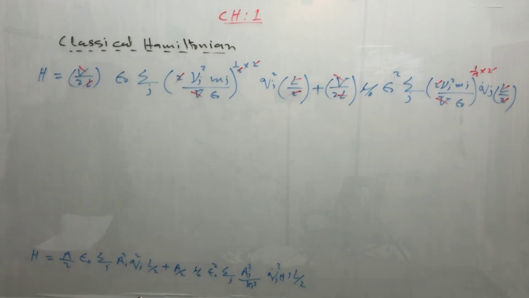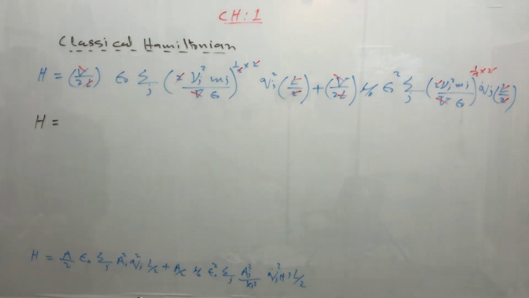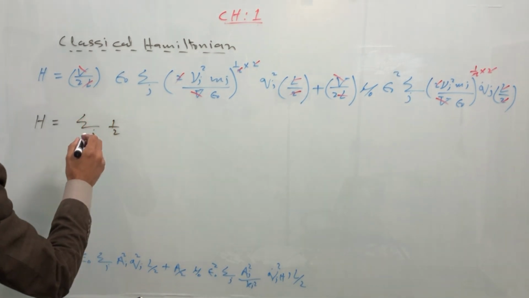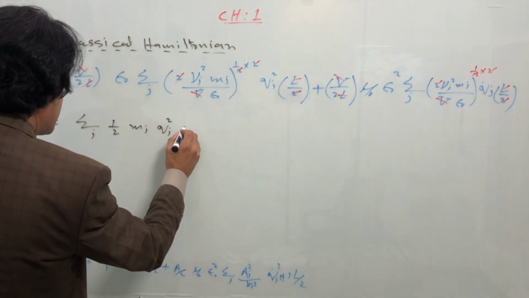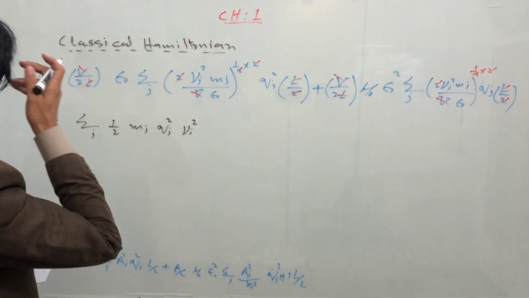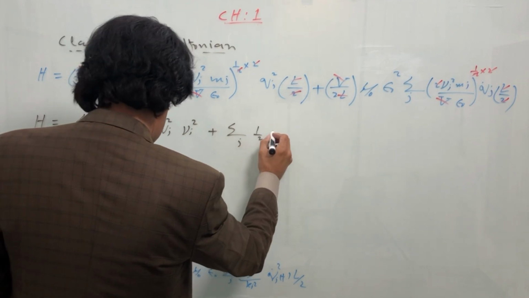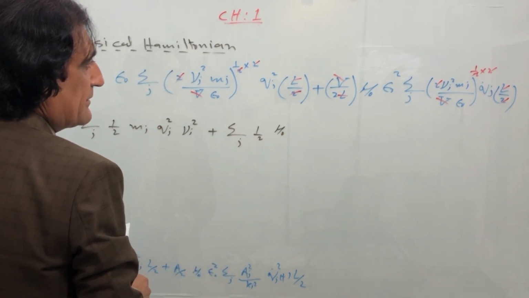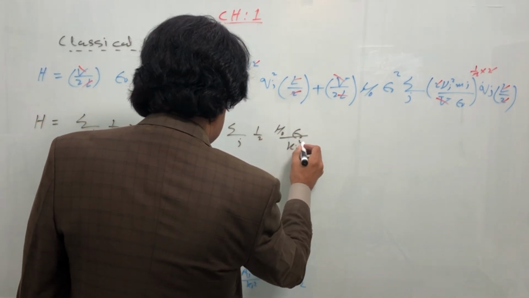Further, this H will be equal to summation over j of 1 over 2 mj qj square nu j square, plus summation over j of 1 over 2 mu naught epsilon naught divided by kj square.